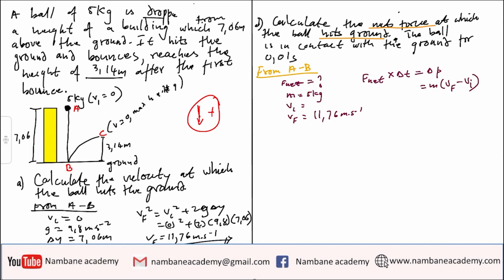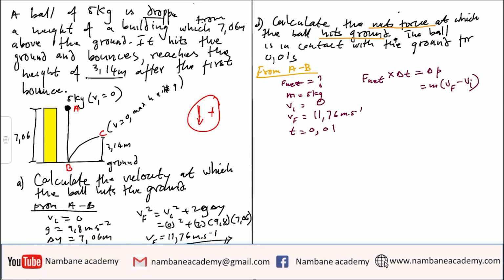And V initial? It's 0, sir. Because we are looking at A, B. Thank you very much. Then what else? T is 0.01.